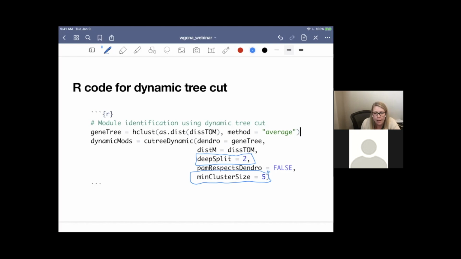I have written down 5, which means that if a cluster has less than 5 genes, then they're not going to call it a module. The default is 20. I've also heard lots of people say 30. And it really depends on what you're going to use these modules for and how you want to interpret them, and on whether or not you're interested in modules that go down to a size of just 5 genes.